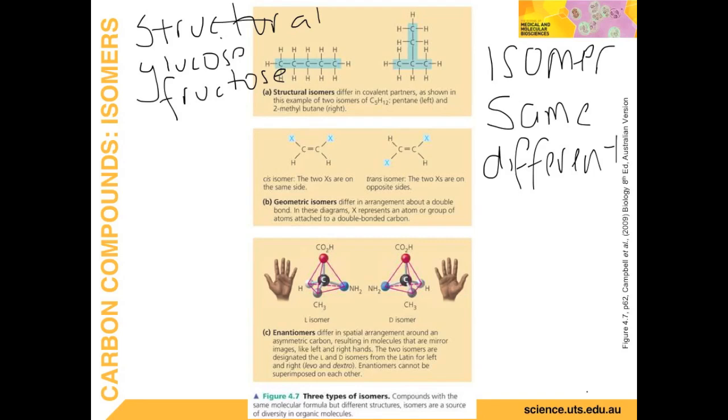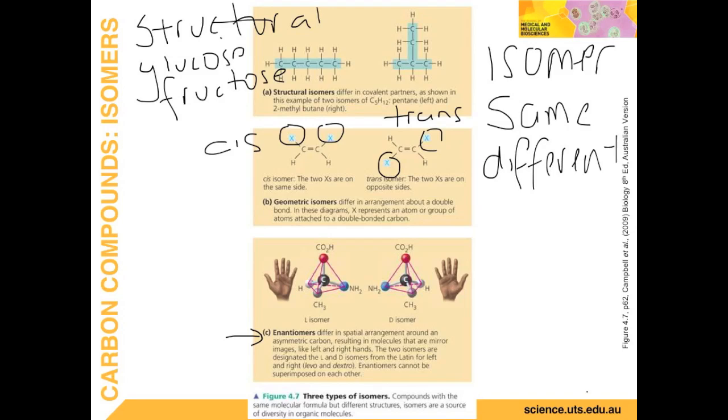Now, we've also got things called cis and trans. Cis has the functional groups on the same side of the double bond, whereas trans has the functional groups on the opposite side of the double bond. Now, then we've also got enantiomers.